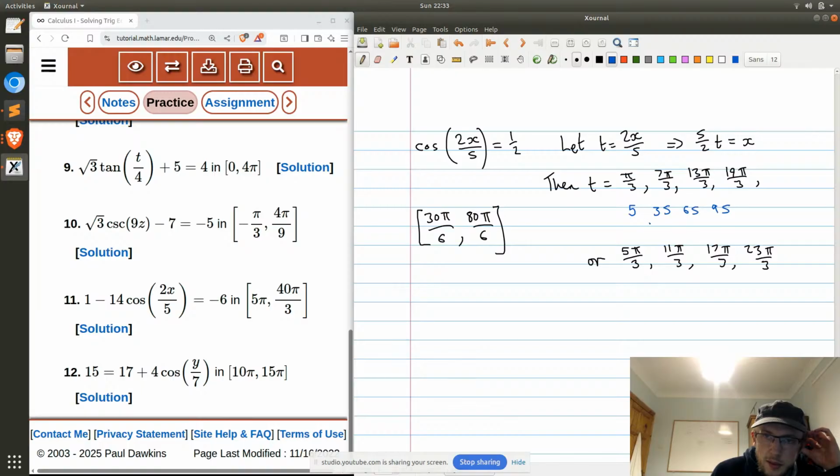And who is acceptable? Only these two. And then for these, 25, 55. And who is acceptable? Only these. So only these, and only these, and transform them as you want.